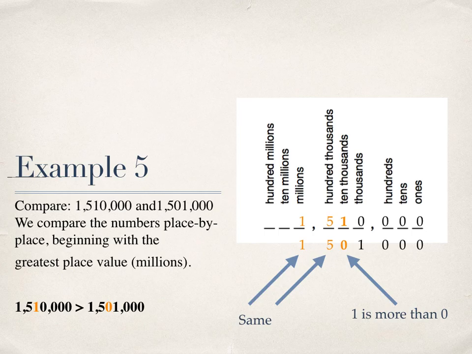Move to the right again. Here you'll notice that in one number, there is a 1 in the 10,000s place and a 0 in the other number's 10,000s place. That helps us to know which number is greater. 1,510,000 is greater than 1,501,000.